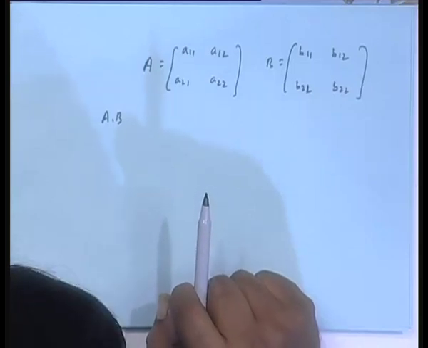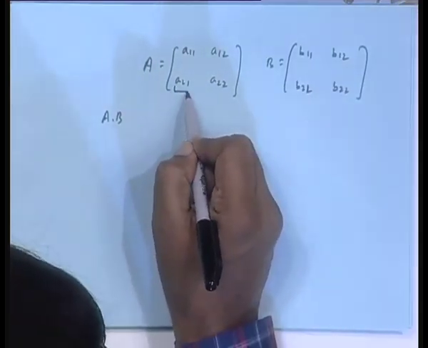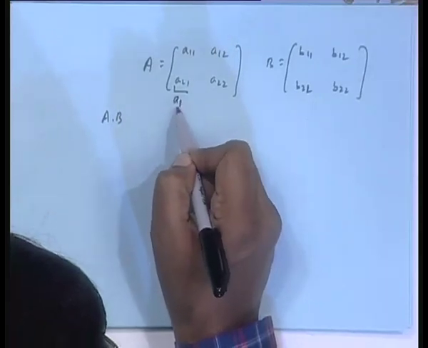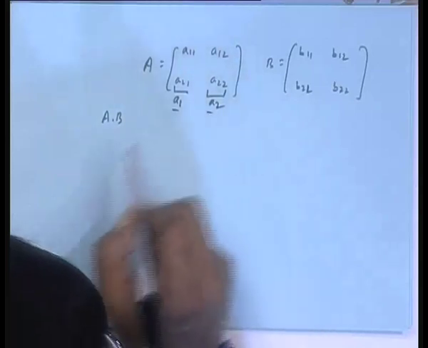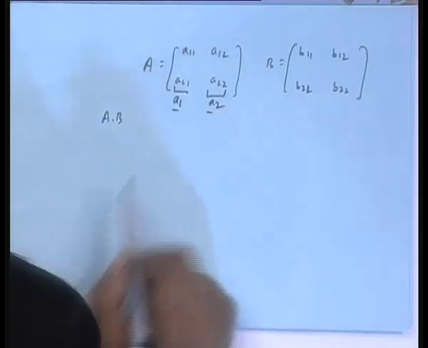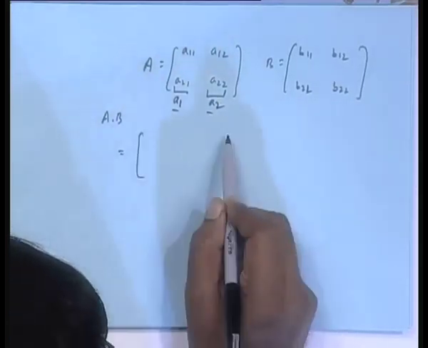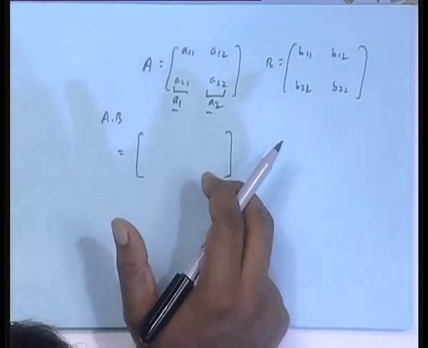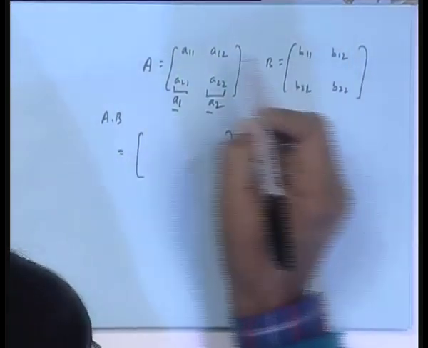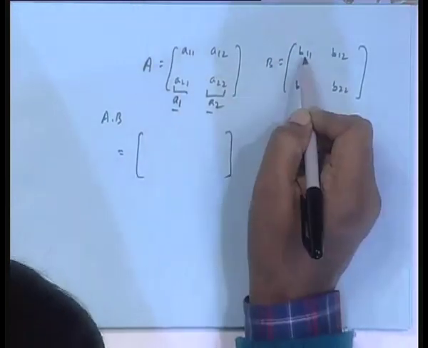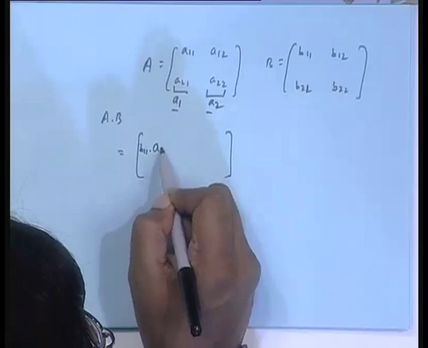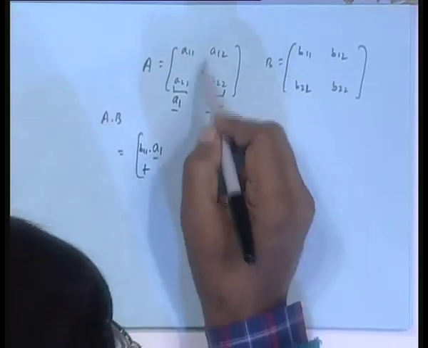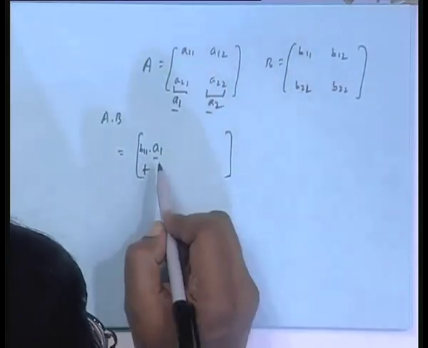My claim is, if you call the first column a column vector A1, and the second A2, then this will be a matrix, again 2 columns. The first column will be this column vector times B11, a scalar, plus the second column times B21.